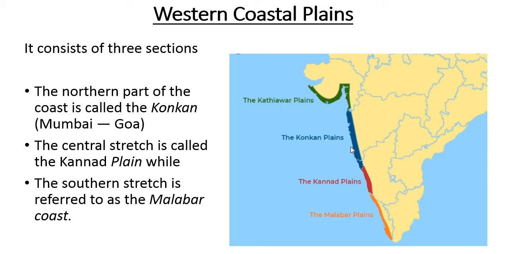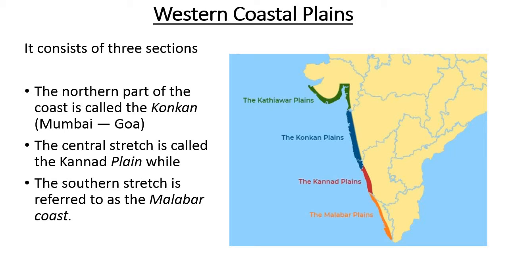The northern part of the coast is called the Konkan plain. This is the location, the Konkan plain, from Mumbai to Goa. The central stretch is called the Kannada plain.